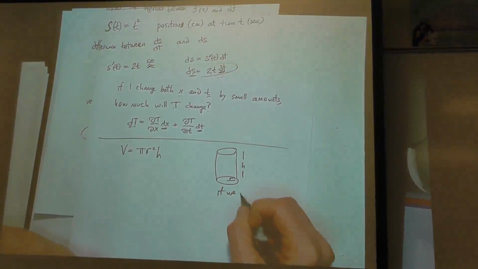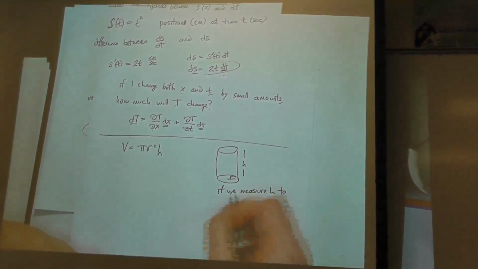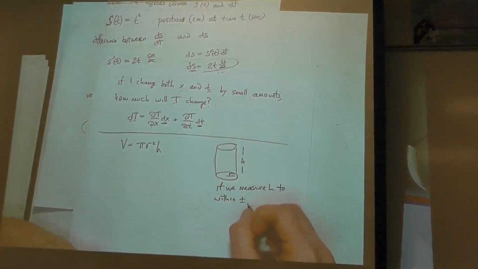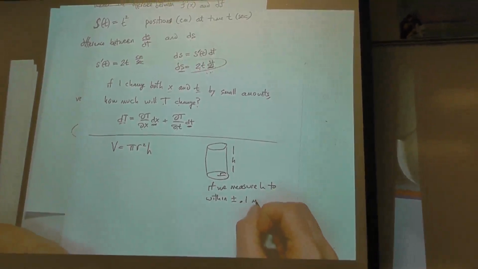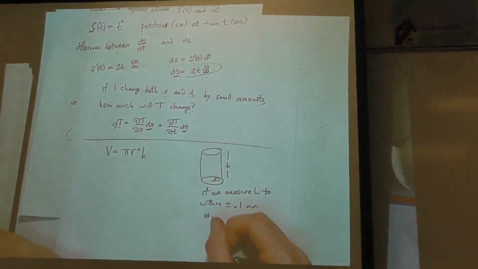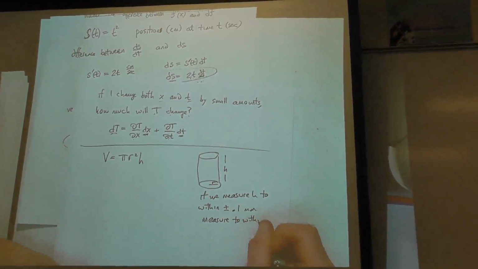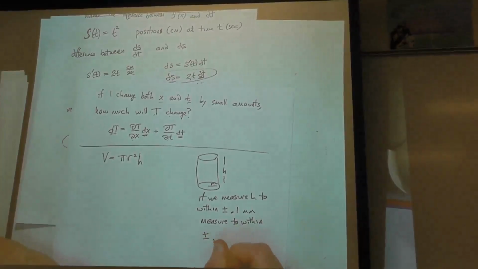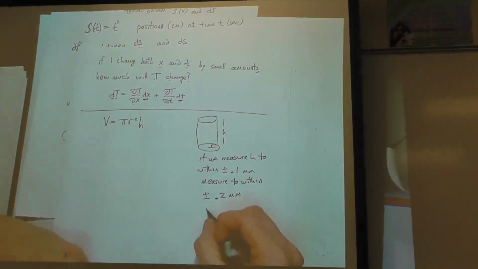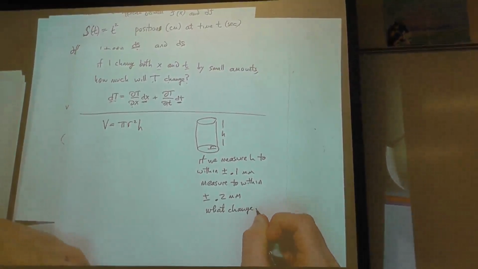If we measure h to within plus or minus, say, 0.1 millimeters, and we measure r to within plus or minus, say, 0.2 millimeters, what change in the volume would you expect?